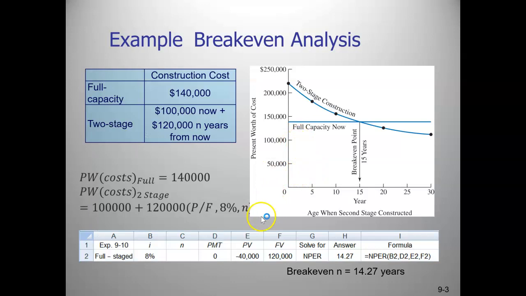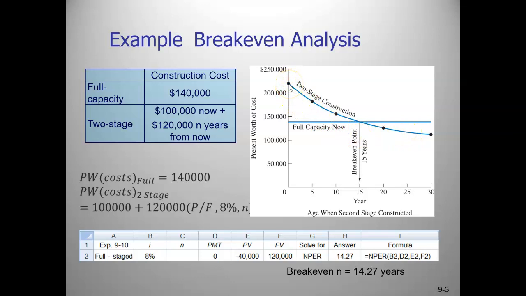So this shows you, if you have the textbook, the one step, if you will, method of calculating the break-even point. But fundamentally, your present value of full capacity is $140,000 regardless of the timing of the second stage.